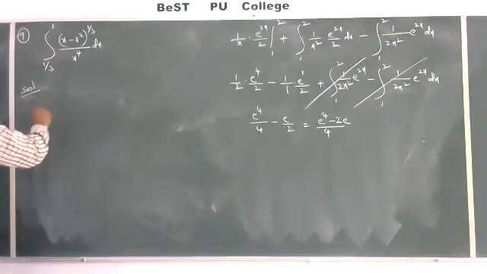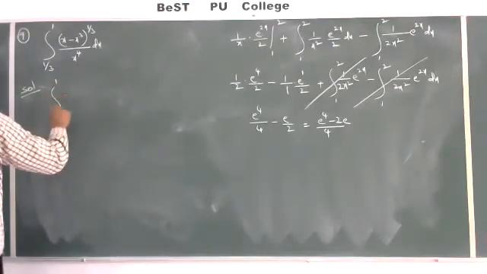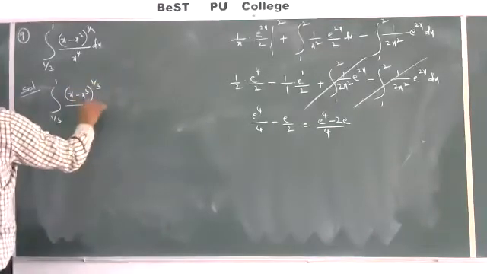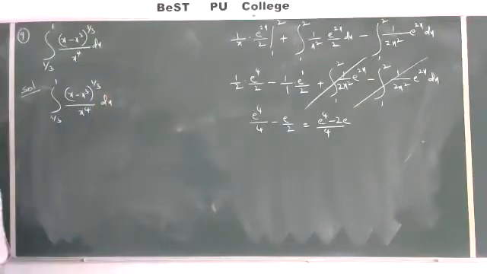Yes, solution. Integral 1 by 3 to 1, x minus x cube whole power 1 by 3 by x to the power of 4 dx.